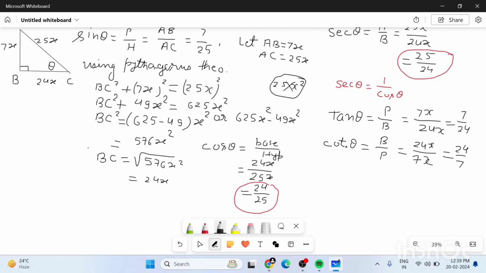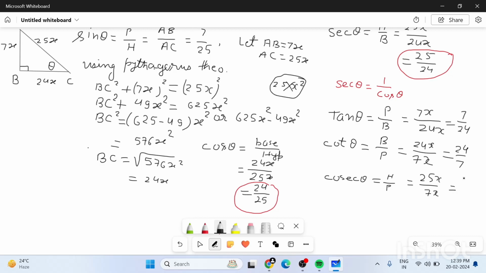This way we have got tan theta, cot theta, sec theta and cos theta. And one more trigonometric ratio is left, that is cosec theta, students. Cosec theta is the reciprocal of sine theta, or you can say hypotenuse upon perpendicular. Hypotenuse in this case is 25x and perpendicular is 7x.